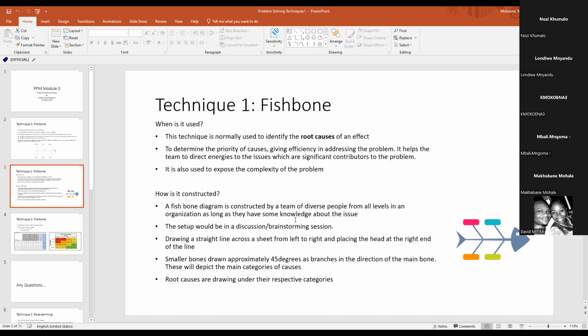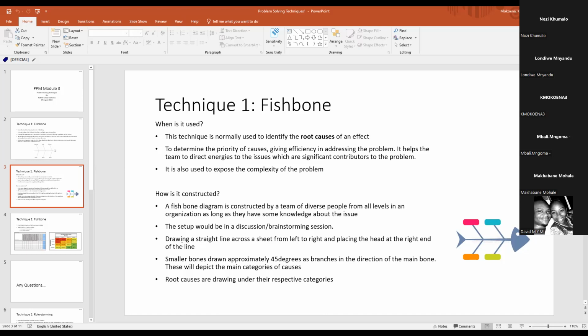And normally, it depends on the problem, but those people that are on the ground or in the field are more knowledgeable about a problem. So you would want them to be part of this whole process. It will help in how effective the fishbone will be to the team. And then the setup would be in a discussion or brainstorming session.